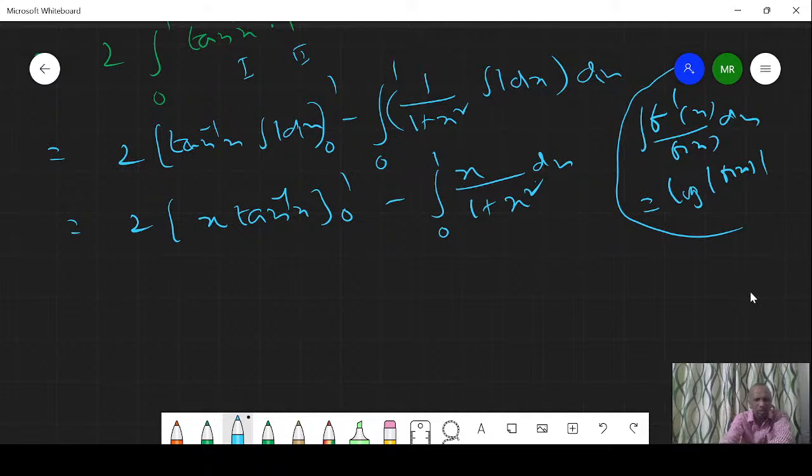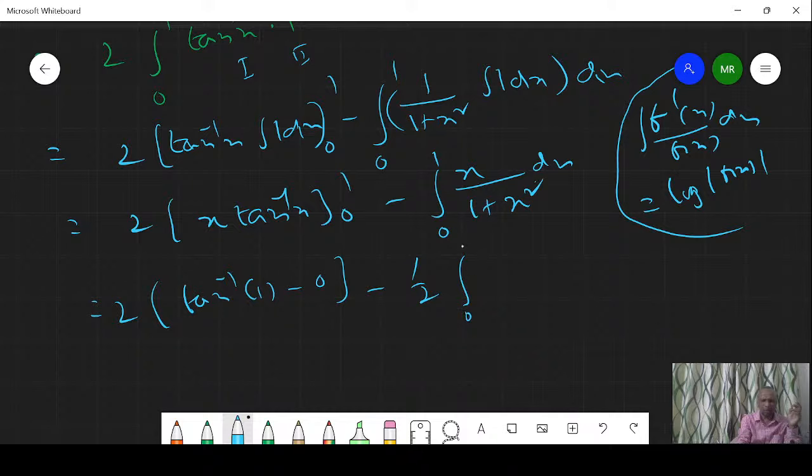Now you can see, I can write 2 into applying upper limit 1 into tan inverse 1, minus 0. This one is 1 by 2 integral 0 to 1 of 2x by 1 plus x square dx. You can follow the right side formula.